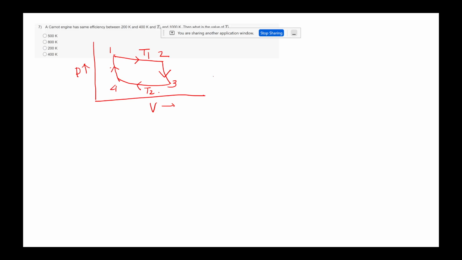The efficiency eta is written as delta W, the work done, over Q input, which can be written as 1 minus Q out by Q in.